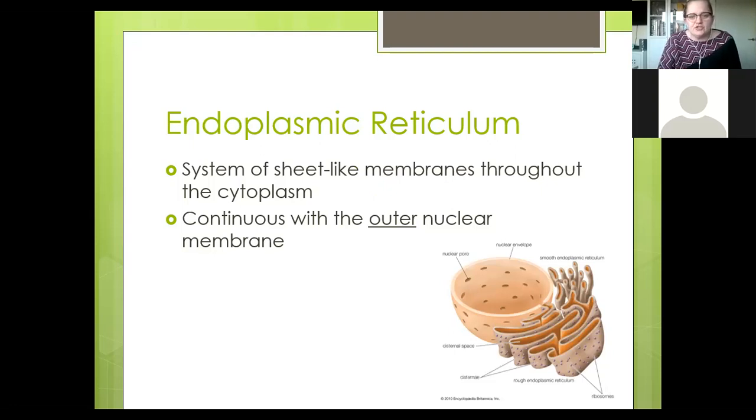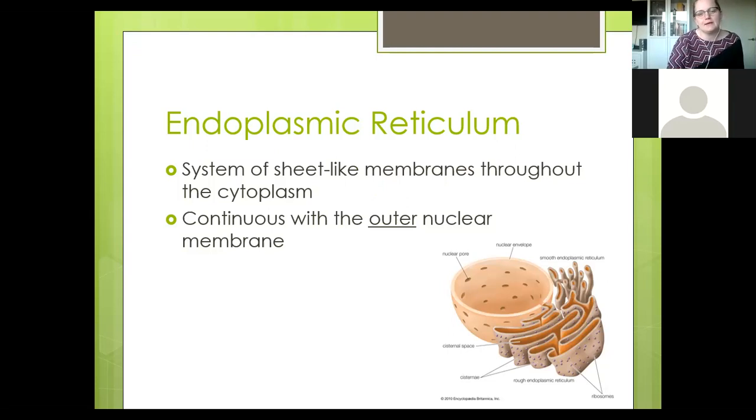So it's a system of sheet-like membranes that are found throughout the cytoplasm. We often talk about the cytoplasm at GCSE as just being this jelly-like substance that fills the whole of the empty space in the cell. Actually, we have this endoplasmic reticulum in there, and it is continuous with the outer nuclear membrane. So it is attached to the outer nuclear membrane, the outer nuclear envelope, and it is continuous folds.